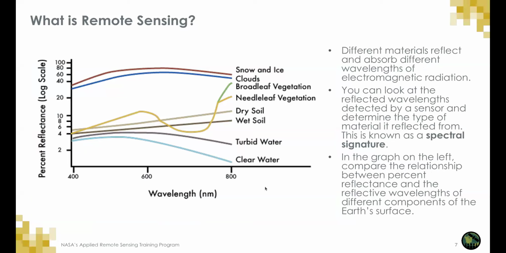Here, you can see a graph plotting the percentage reflectance, how much reflectance is coming off different objects, versus the wavelength, the amount of reflectance they give off at each wavelength. You can see the different objects. You can see snow and ice. Let's talk briefly about snow and ice.